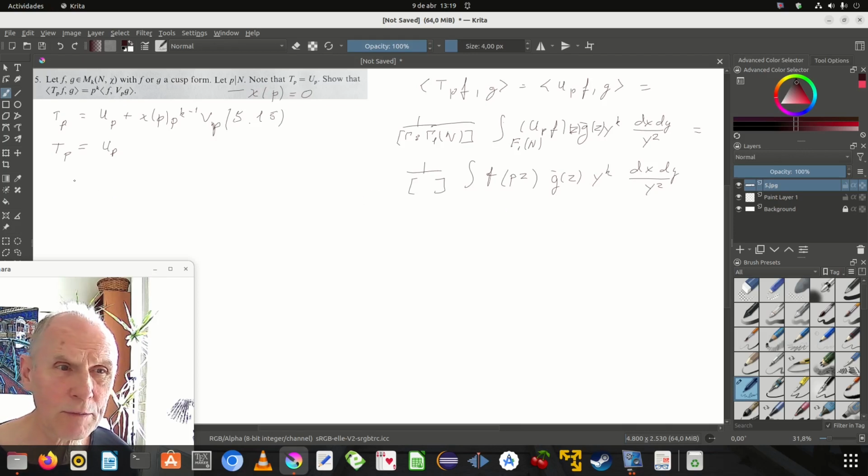So of course we must make the change of variable, omega equals pz. And that means that if we write this with u and v real, then they're just multiplied by p individually.